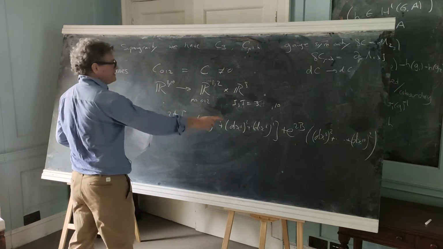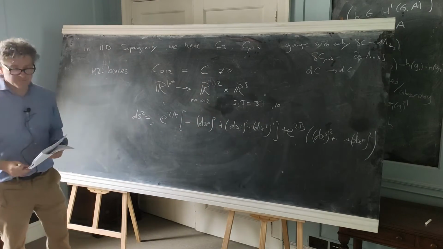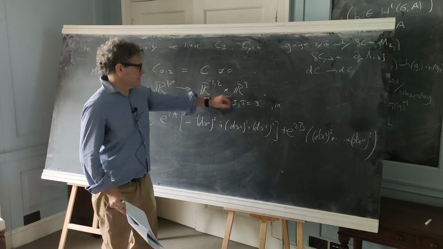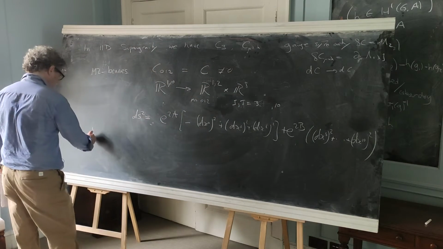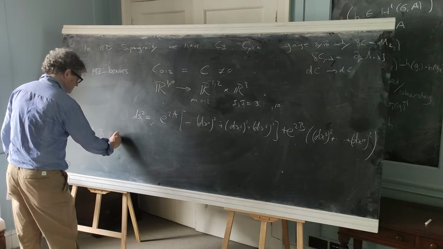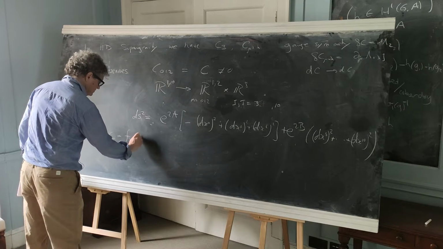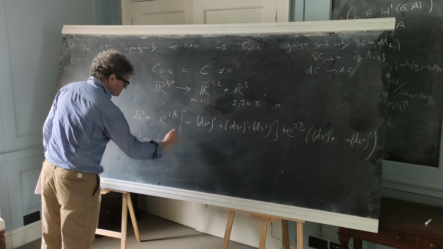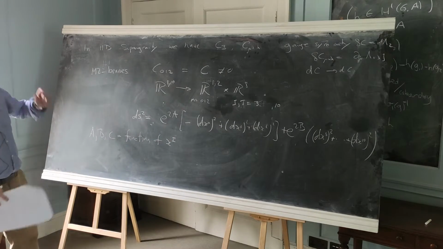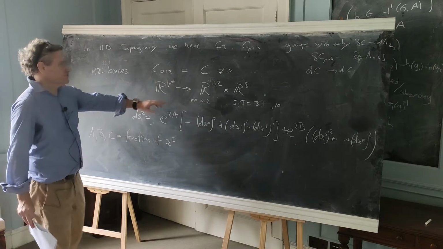Here A, B, and C are just going to be functions of the x^i's. So we've got translational invariance along this three-plane.